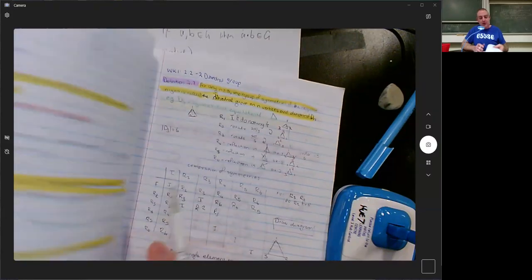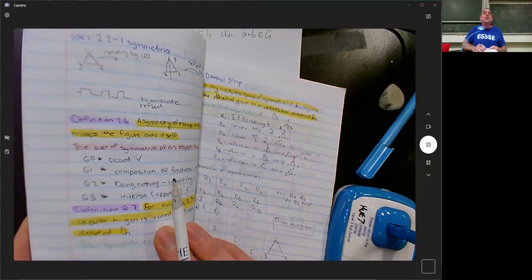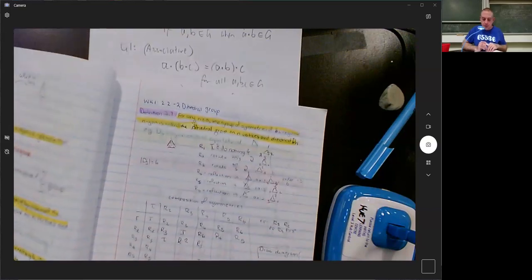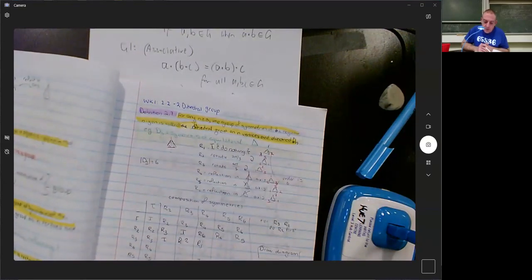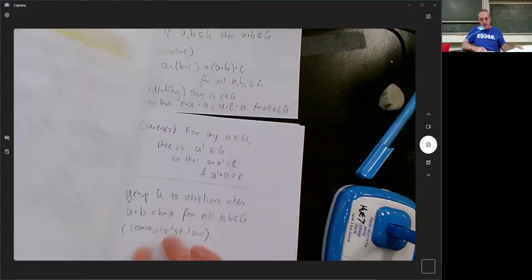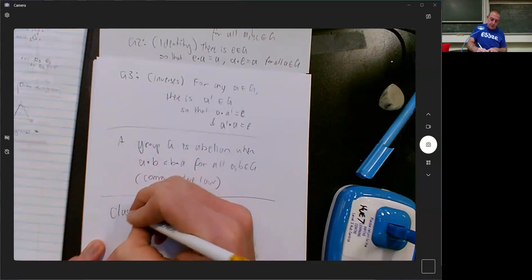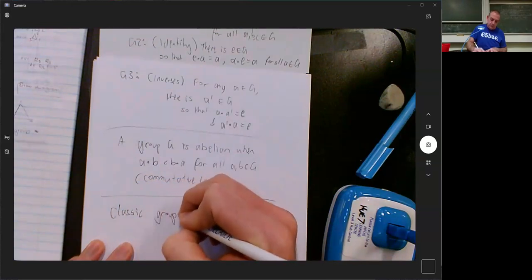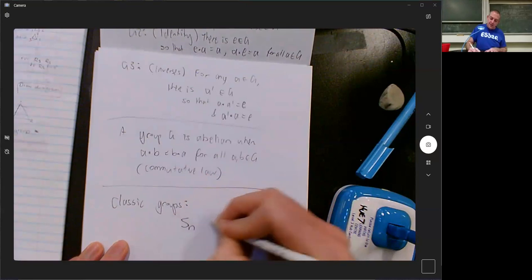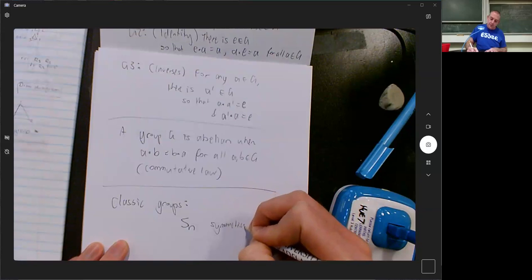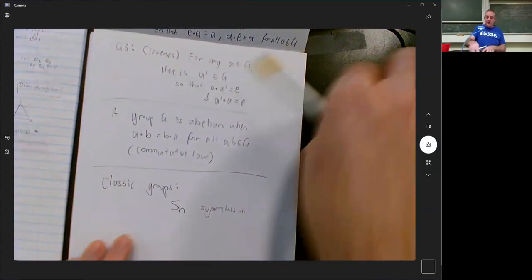So a way of rearranging things in such a way that they look the same as they were before. Cool. The symmetries of the regular n-gon is called the dihedral group on n vertices and denoted Dn. So we've got some classic groups here now, right? So we have Sn, all the permutations of n things, is that right?